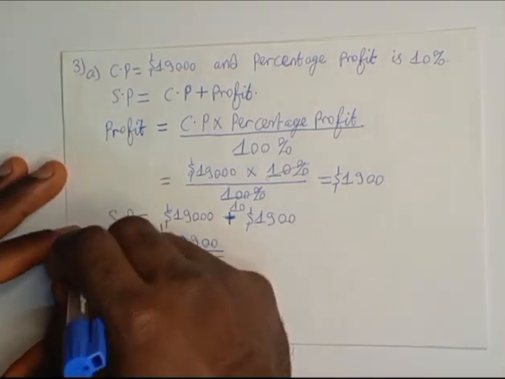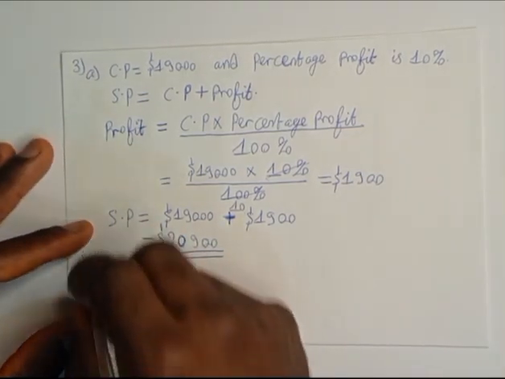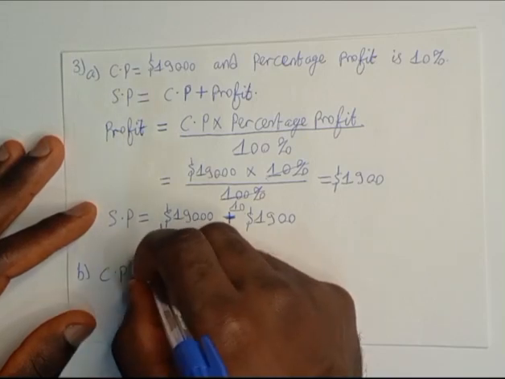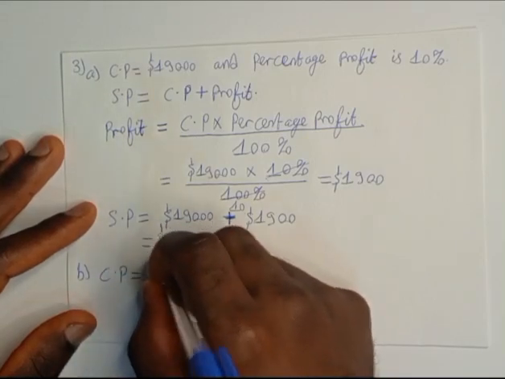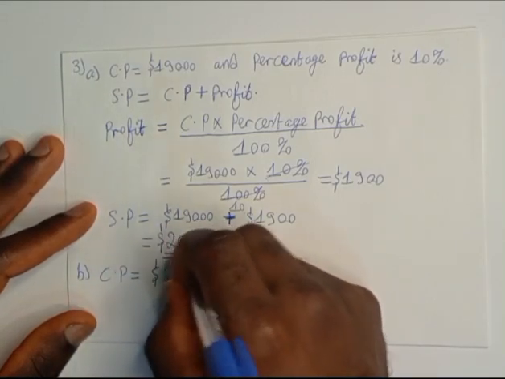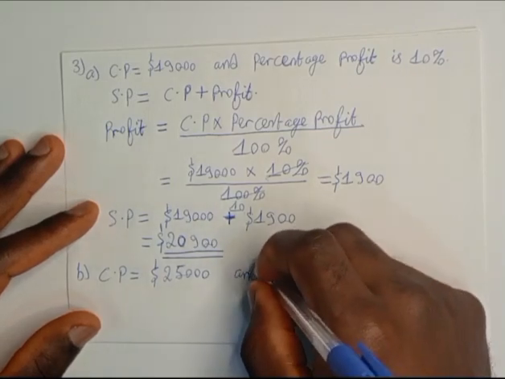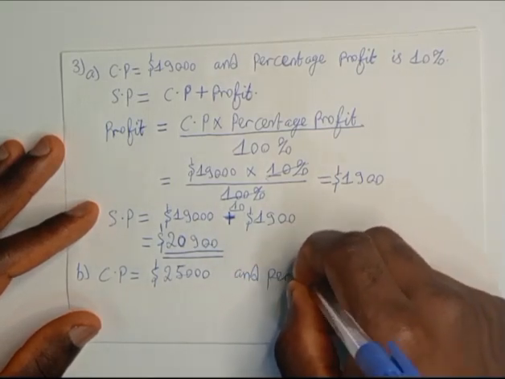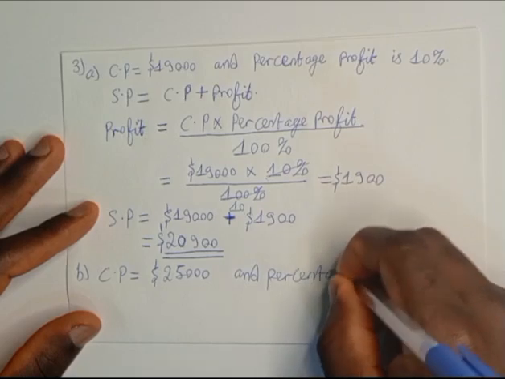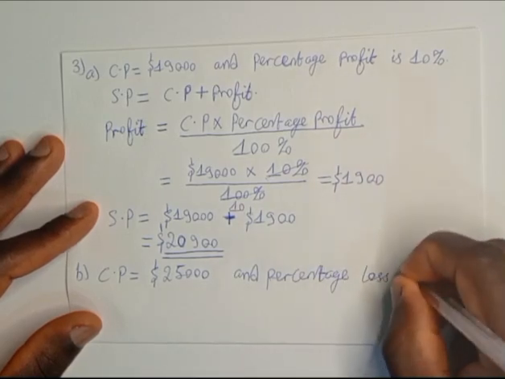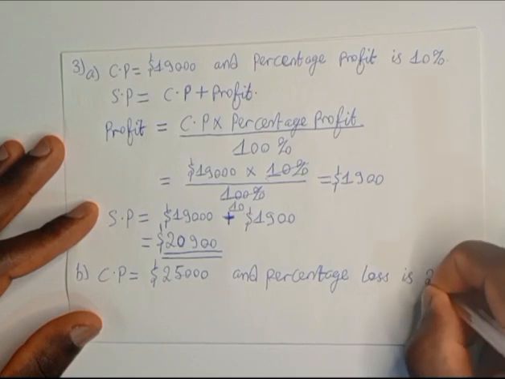We go now to question B. For B, we have cost price of the item is $25,000 and percentage loss is 25%.